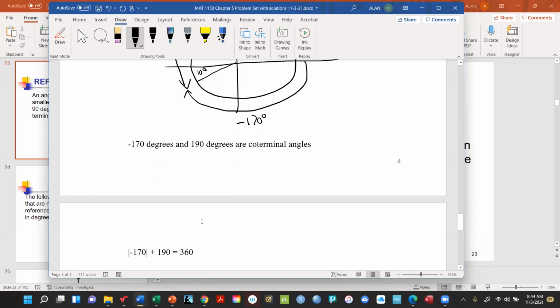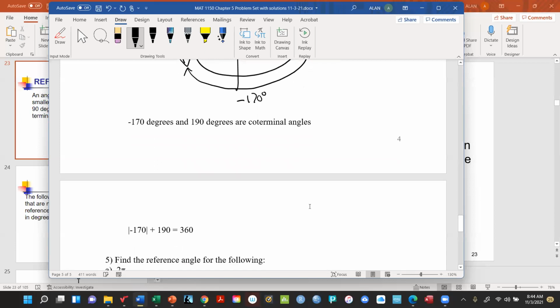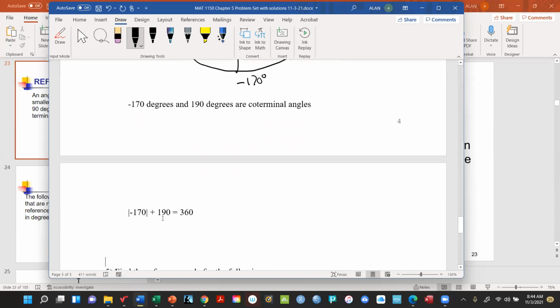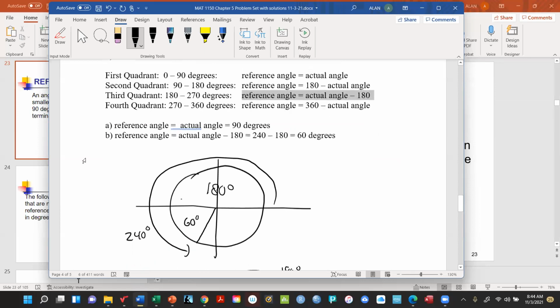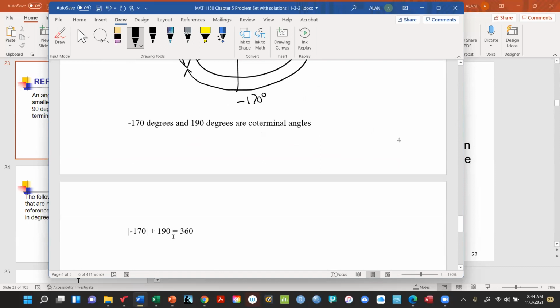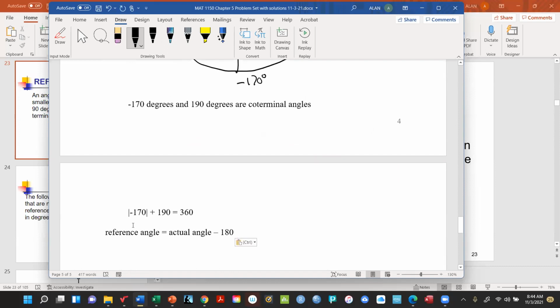So what we're going to do then is say, well, listen, with 190, we can go back and use our rules. Okay, so 190 puts us into the third quadrant right here. So therefore, the answer is actual angle minus 180. So that, in other words, the positive angle minus 180 is 10, and that's the answer.